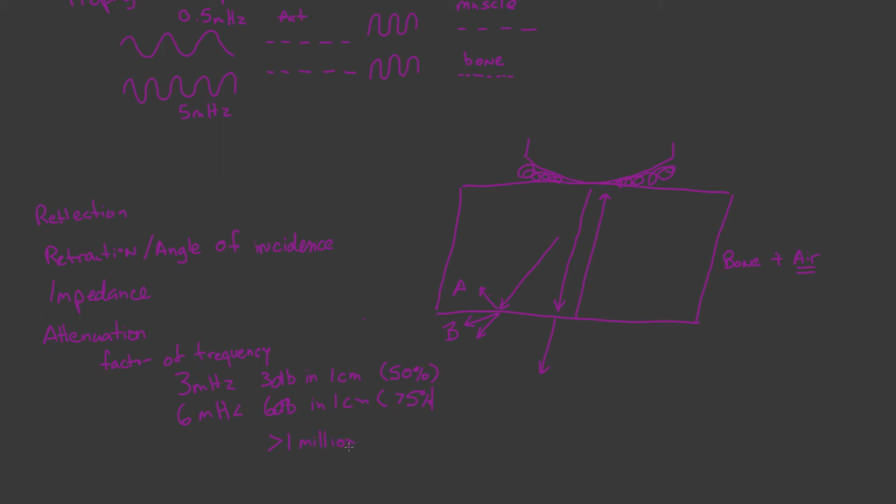This is why when we image structures that are deep, so a patient who's a little bit on the portly side, or a structure such as the aorta that's in the center of the body, we want to use a lower frequency probe. Now, the reverse of that has to do with resolution. So resolution is increased with frequency.